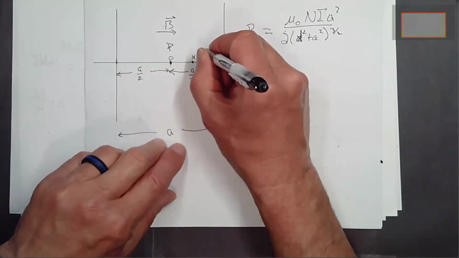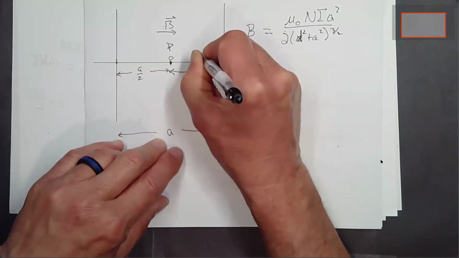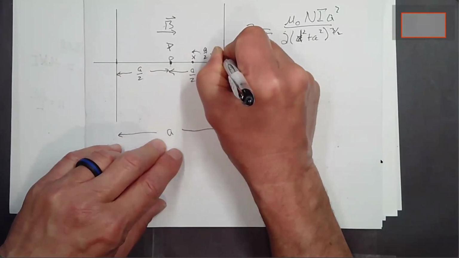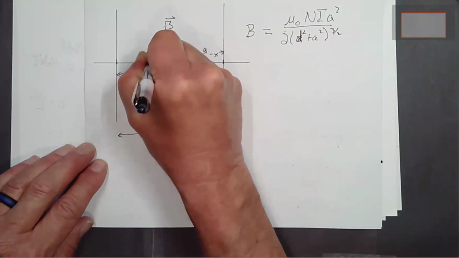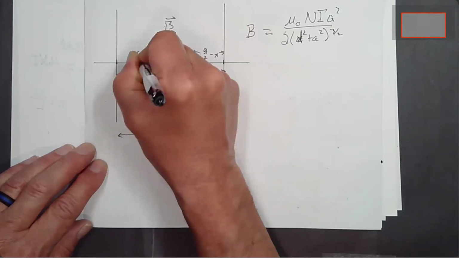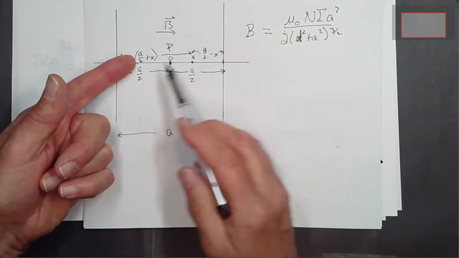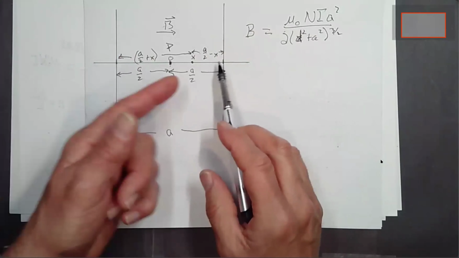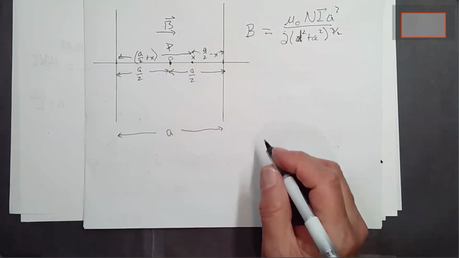So A over 2 minus x is the distance here. And then A over 2 plus x is this distance. And so we'll have an expression with that in here for d and an expression with that in here for d, and we'll be adding those two expressions together.